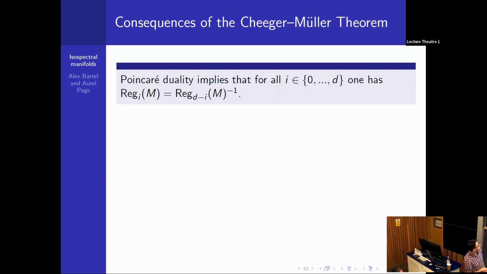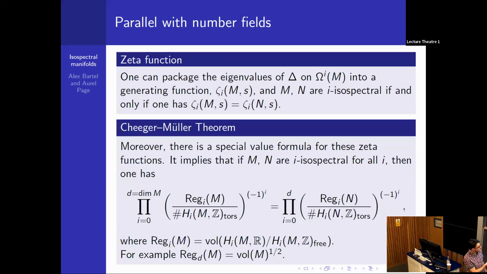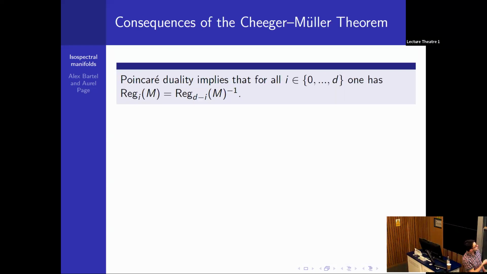Okay. Now, let's inspect this formula a little bit. We have a bunch of transcendental numbers and a bunch of integers. And remember, my manifolds are oriented. Now we have Poincaré duality, and if you trace through the definition of these regulators, you'll find that it pairs up regulators in degree i and d minus i, but with an inversion.